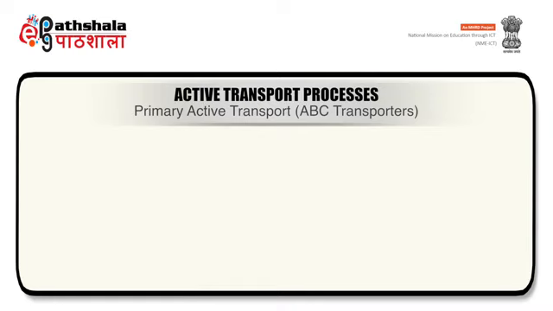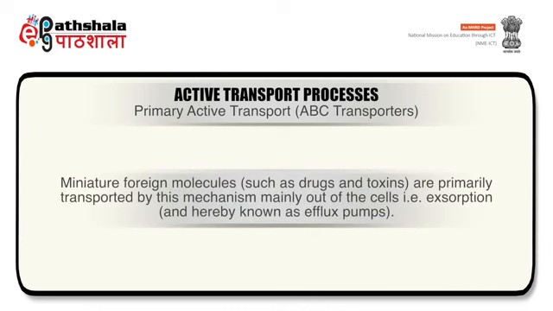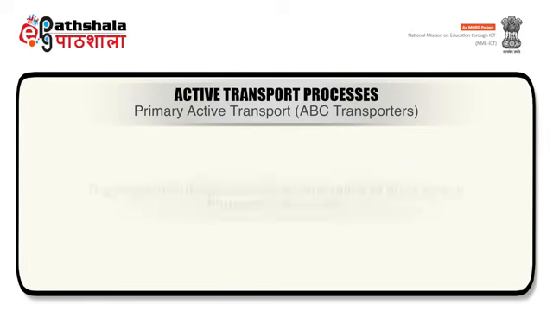Students, now we discuss the ABC or ATP binding cassette transporters. Foreign molecules such as drugs and toxins are primarily transported by this mechanism, mainly out of the cells, that is excretion, and hence it is known as an efflux pump.